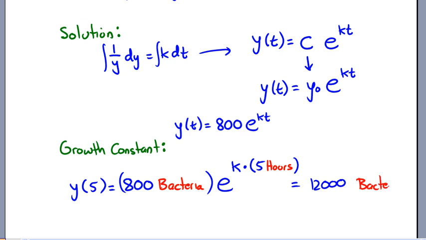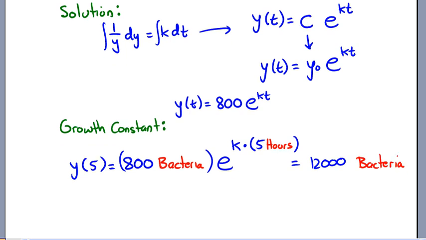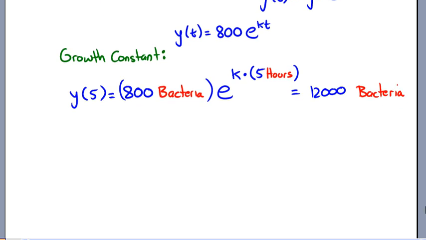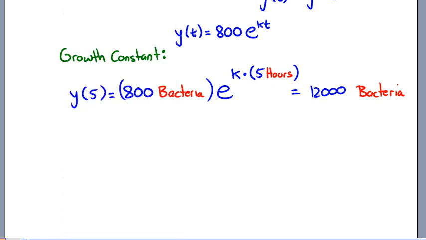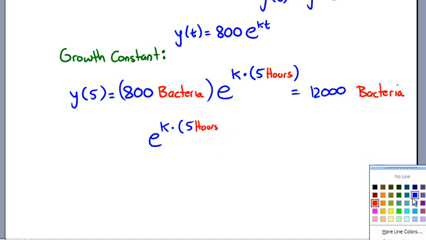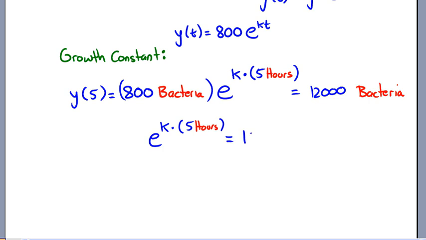All we're going to do is a little quest here, a little journey to find out what k is. Just using a little Math 12. You could divide 12,000 by 800. In fact, I think that goes pretty nicely. Divided by the 800, so 12,000 bacteria divided by 800 bacteria. I'm dividing bacteria by bacteria, so there will be no units left when I'm done, and I'll be staring at this equation. e to the k times 5 hours is equal to just a straight up 15.